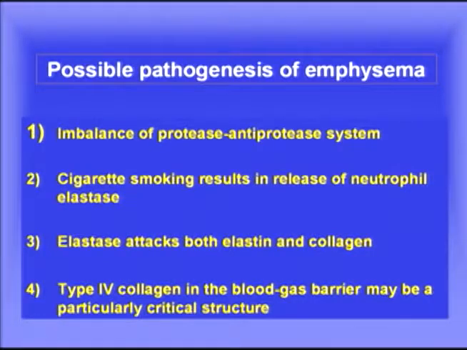So this may be part of the mechanism. Now, of course, if you've got breakdown of the collagen in the lung, then clearly the lung is very vulnerable. And one of the questions may be, what is the most vulnerable region of the lung? And I think that the blood-gas barrier is a good candidate for that.